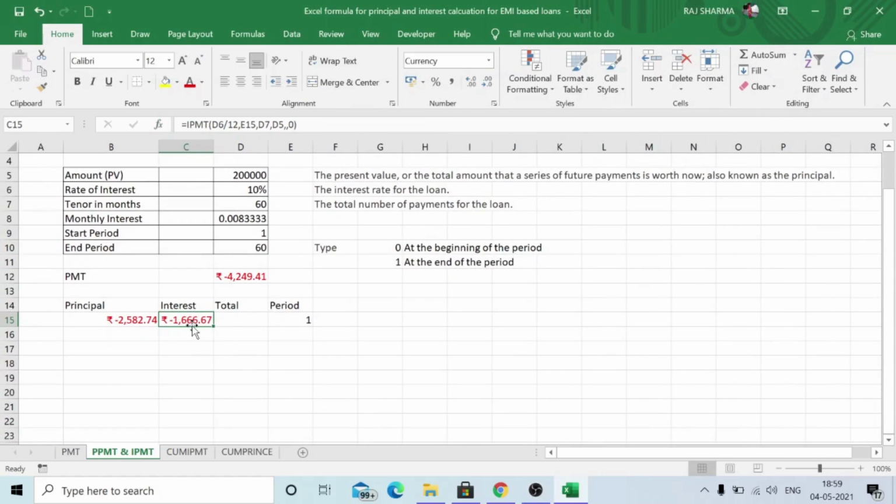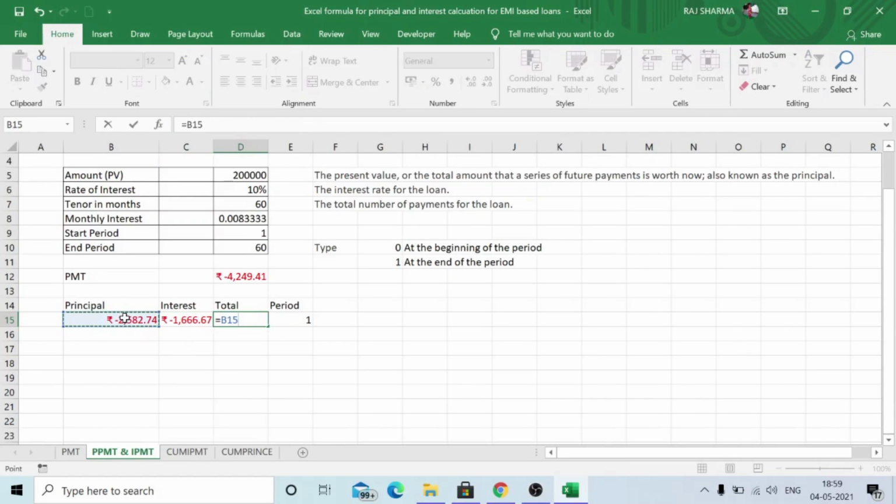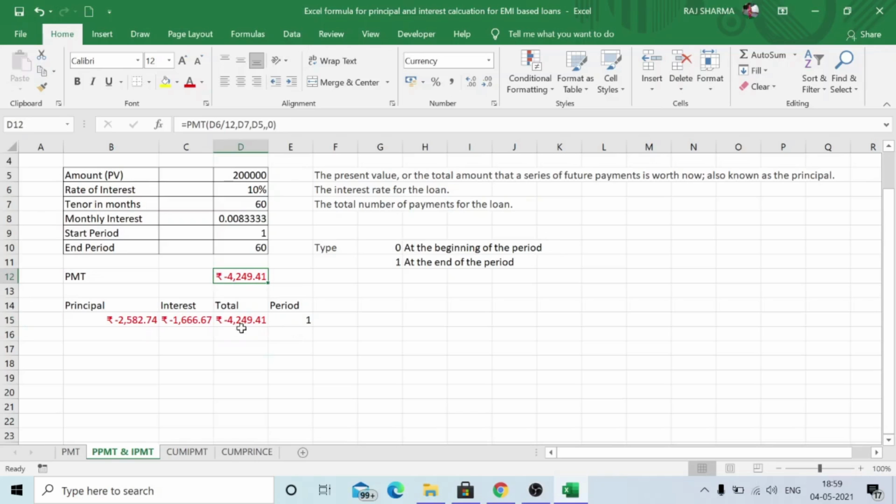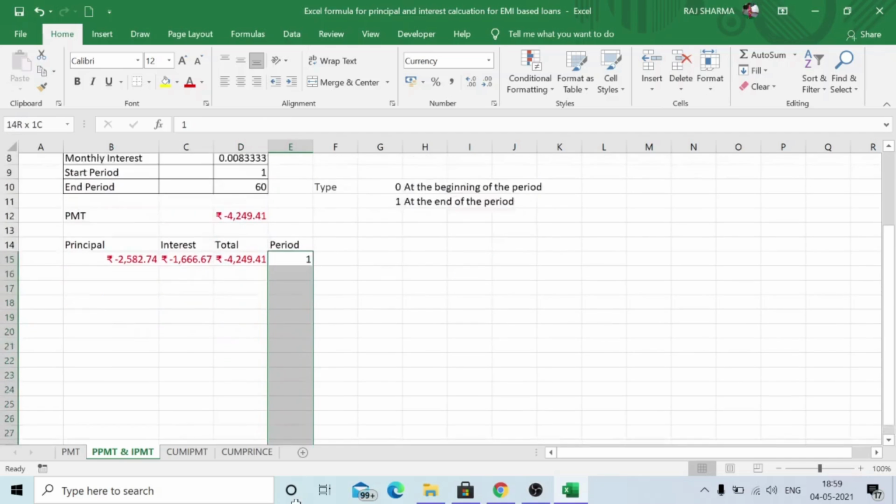So 1,667 is the interest. If I sum this principal plus interest, I get my equated monthly installment, which is the same. Now you can do it for the entire tenor of 60 months also. Let us try to do it.